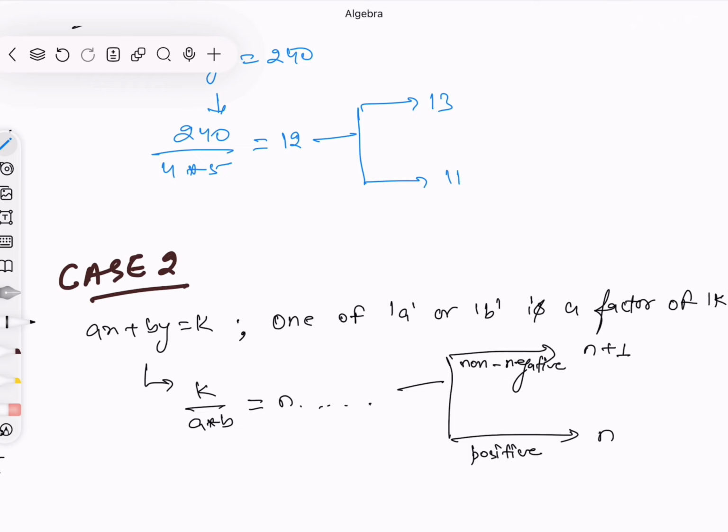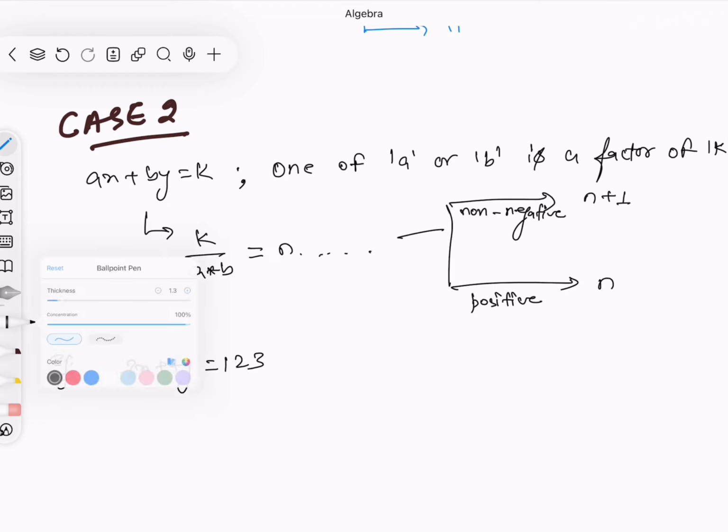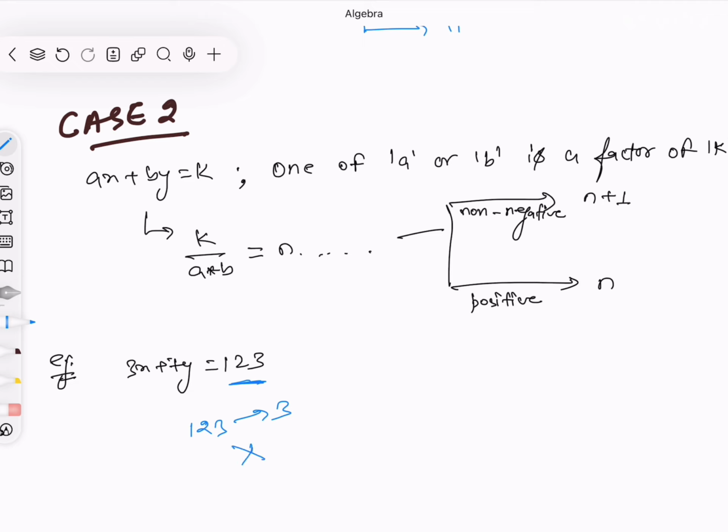Let me show you an example. Let's say there's a question where this equation is given and you need to find the non-negative and positive integral solutions. Here, 123 has 3 as its factor, but 7 is not its factor. So this case holds true.